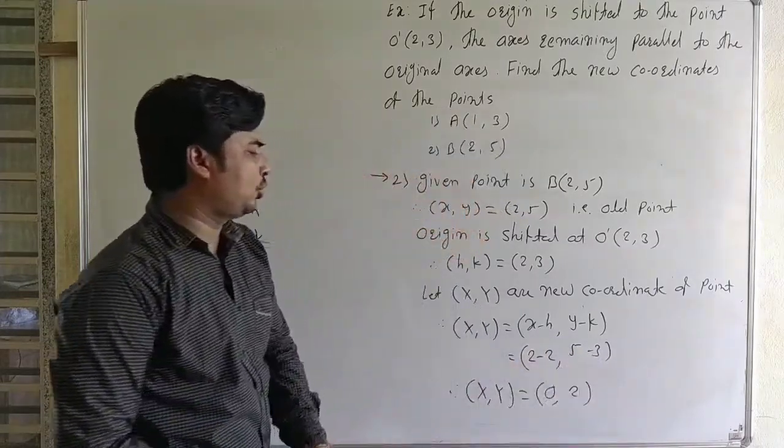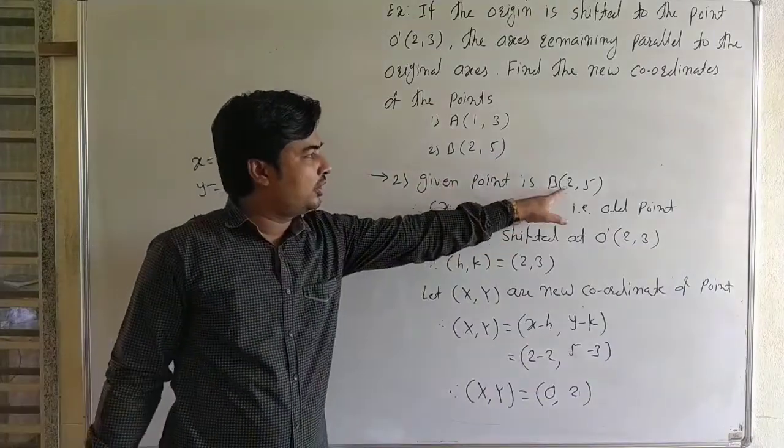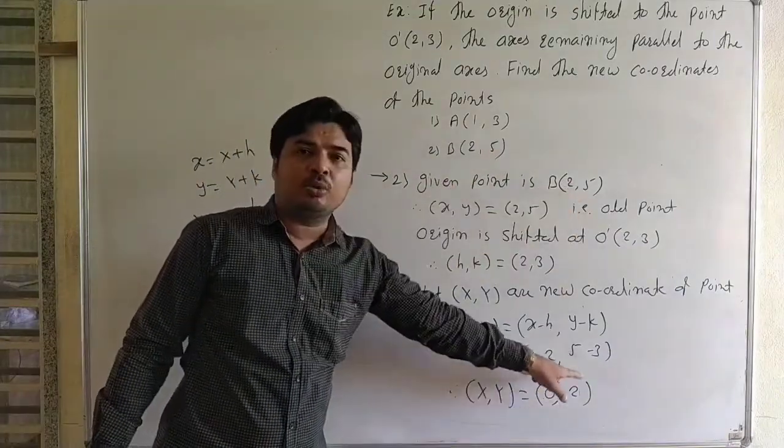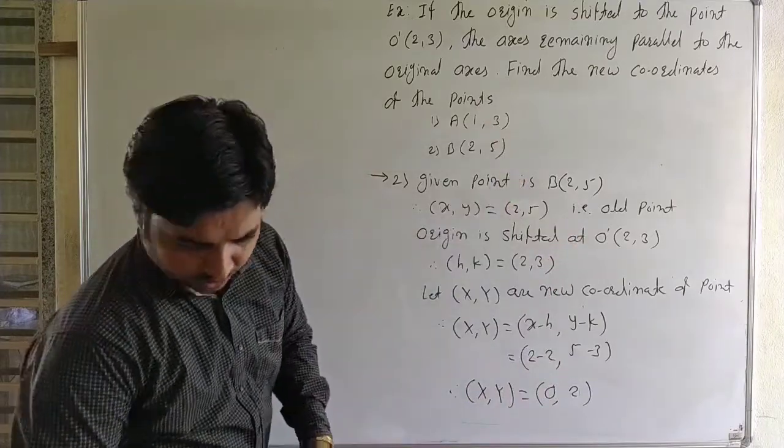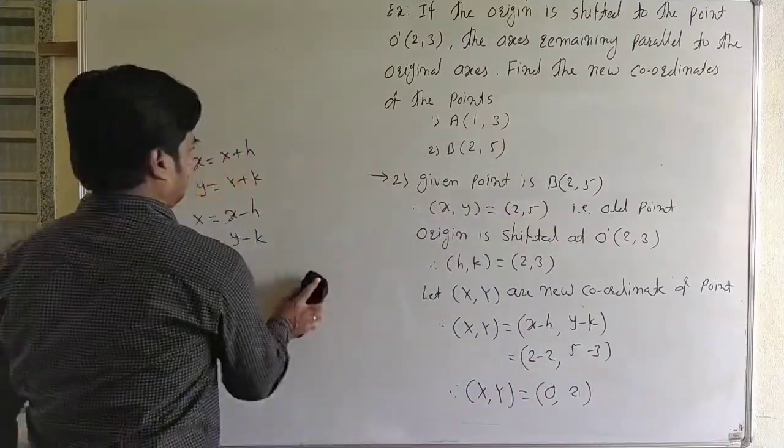These are the new coordinates. The new coordinates of the point (2, 5) are (0, 2) when the origin is shifted to (2, 3). Okay, now we see the next example.